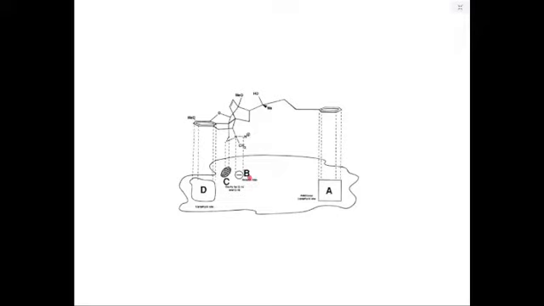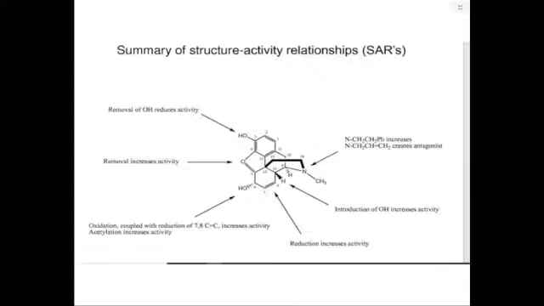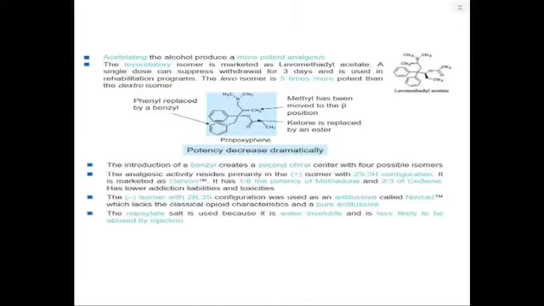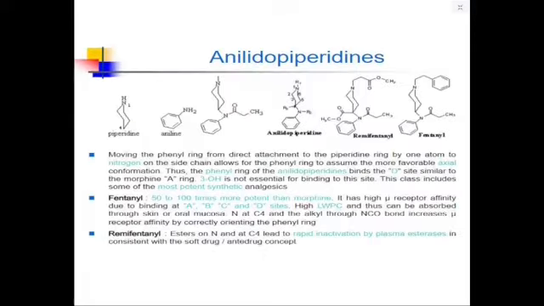Site B is the one which is anionic. And of course, we have the site A. Site A, as we said, is bound especially when you have a phenyl group at the terminal nitrogen. That is when you are able to bind your site A.